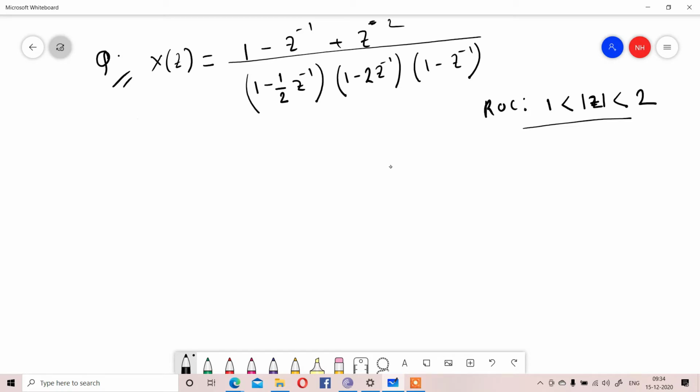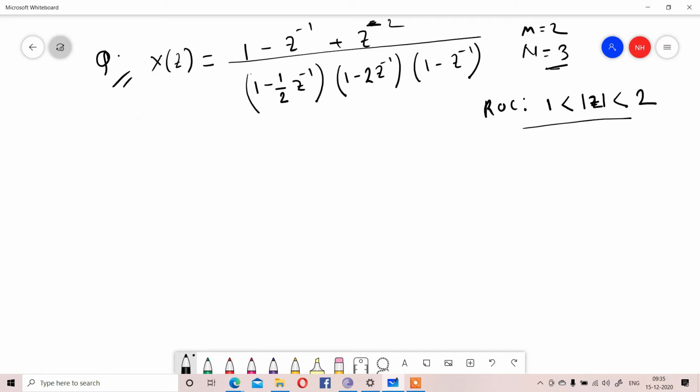First of all, you have to check whether n is greater than m or not. If you multiply these three, z to the power minus 3 will come. So the value of n is 3 and the value of m is 2. So obviously n is greater than m. First case satisfied. Second case, a not equal to 1 or not.